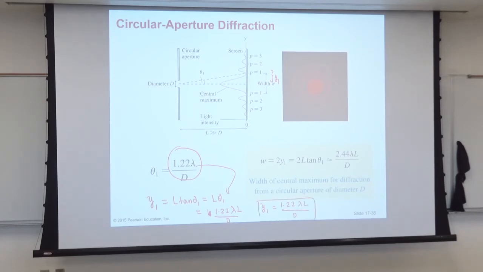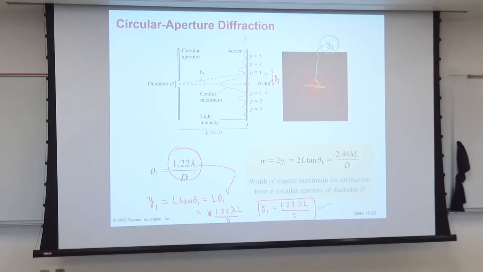So this is the distance between the central line and the first dark circle, from here to that, that's y1. Now, if I want to know the width of this bright spot, then I just need to add the same distance on both sides.